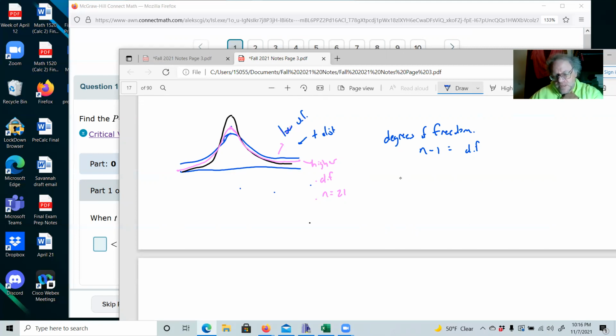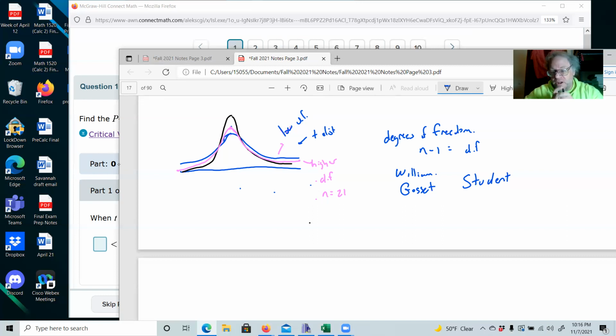This was made by a man named William Gossett, and he was doing quality control for Guinness. He didn't come up with them, but he published them under the name Student, because his employer did not want this to be traced back to them specifically.